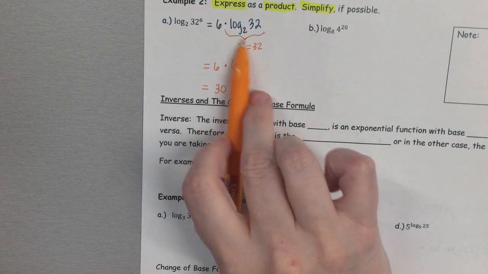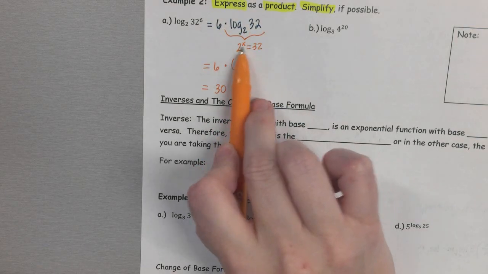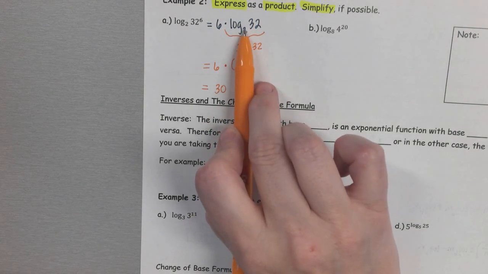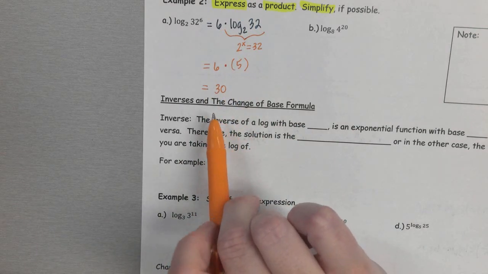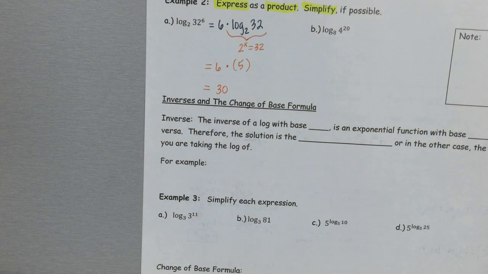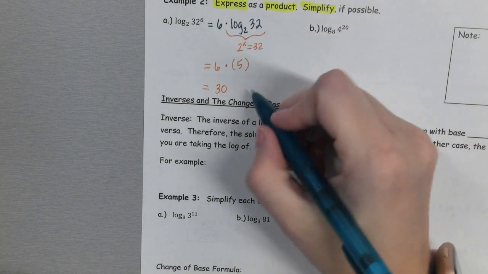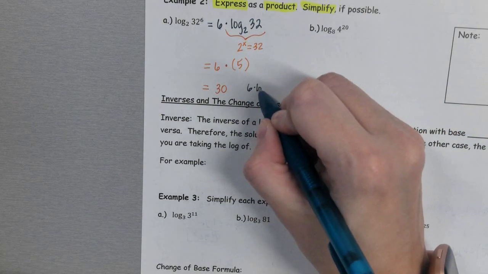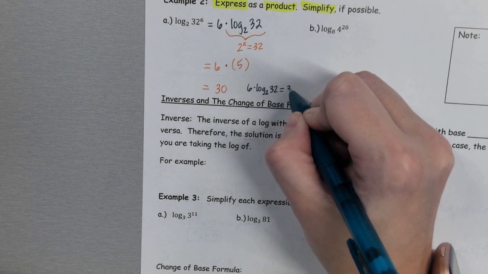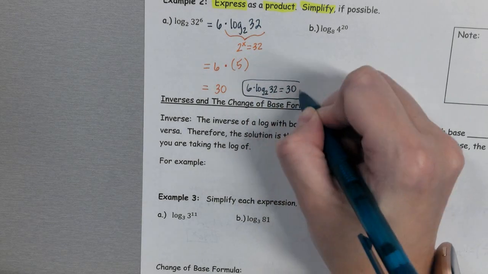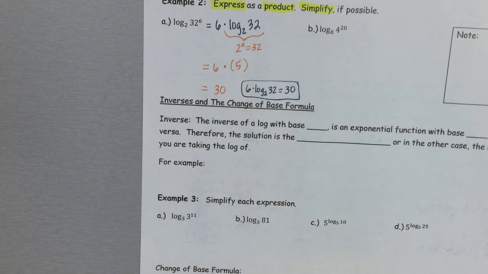So again, what we did is we simplified here. Okay, in this case it would be equal to 5, so then we just multiply it by the 6, which is in front. Okay, so your whole answer, when you're expressing it as a product, would be 6 times log base 2 of 32 equals 30. Okay, that would be the product and then the simplified answer.